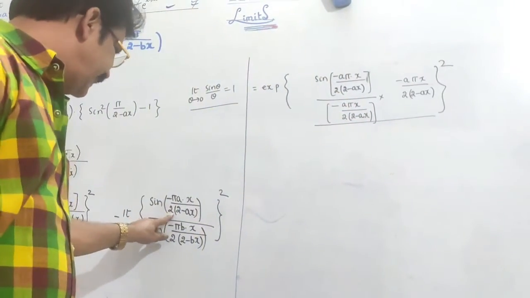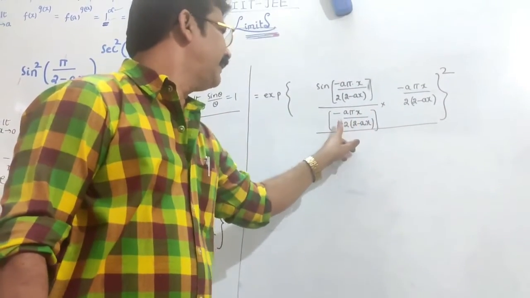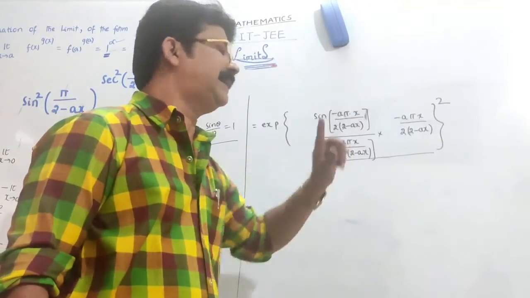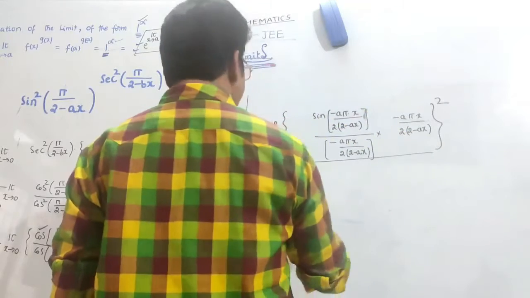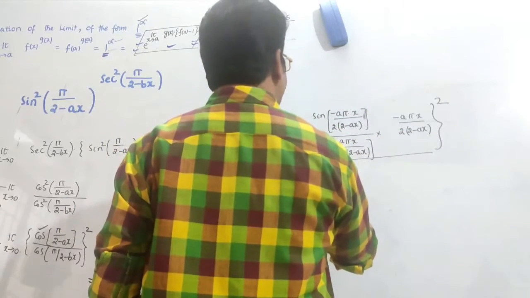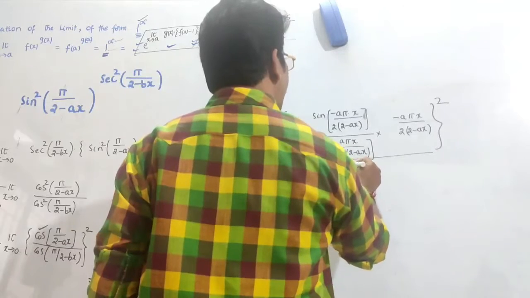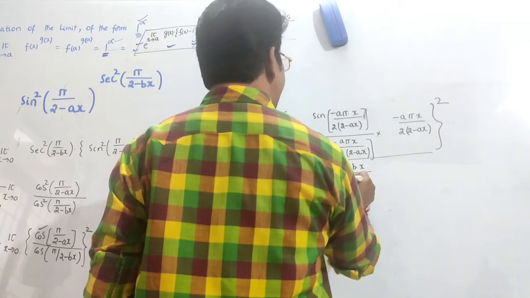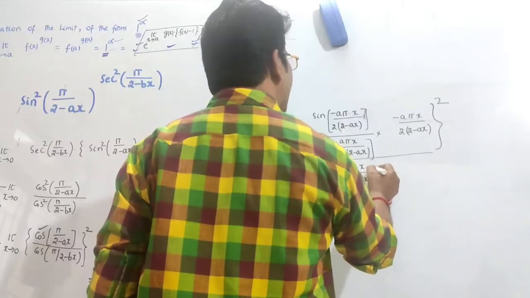Since sin theta is there, we multiply with theta and divide by theta, sin theta by theta into theta, just like that. Next, whole divided by the same, sin of minus pi into b into x divided by 2 into 2 minus bx.